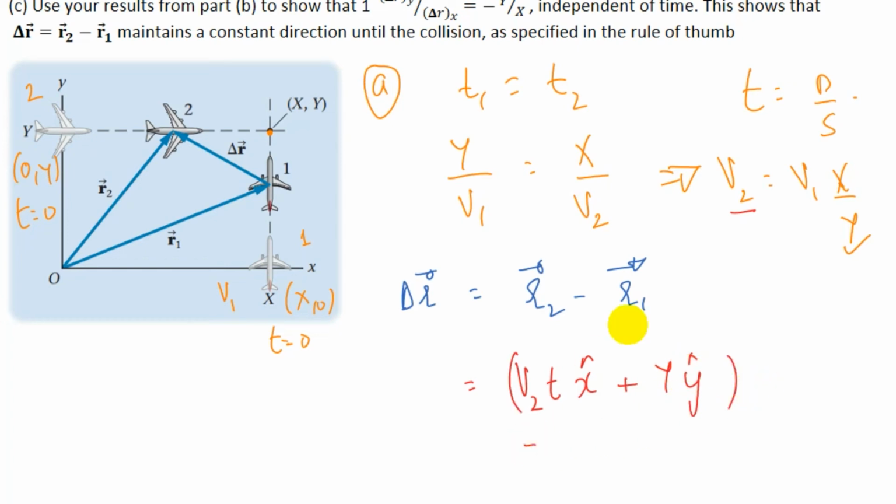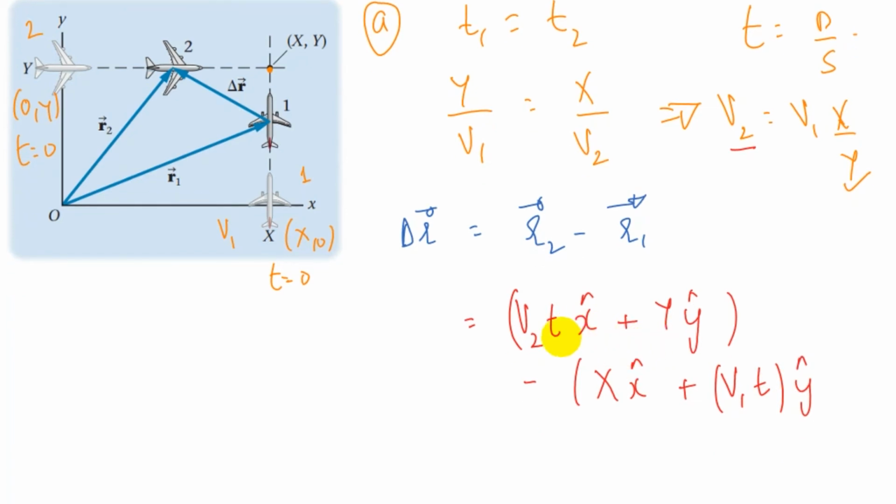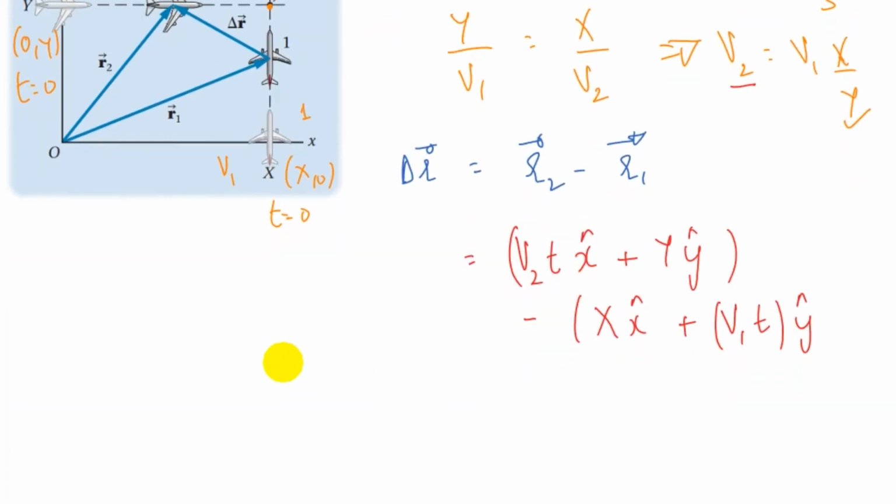Then minus r1. Here the x component remains the same throughout, so this is x cap, plus the y component changes with time, so speed multiplied by time, v1 t, y cap. Now add x component to x component and y component to y component.